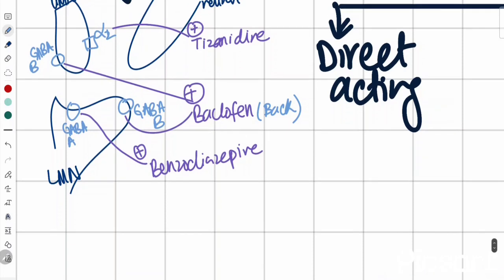And for benzodiazepine we have the cyclobenzaprine, and this mainly acts on the CNS. Okay, mainly at the brainstem.